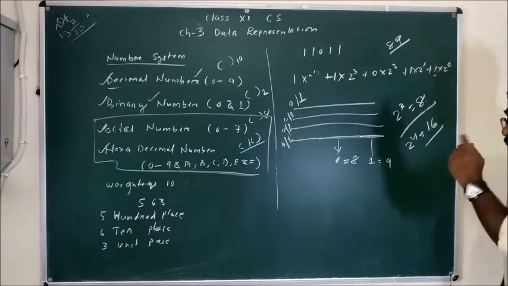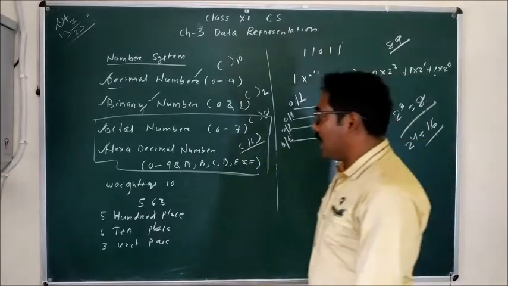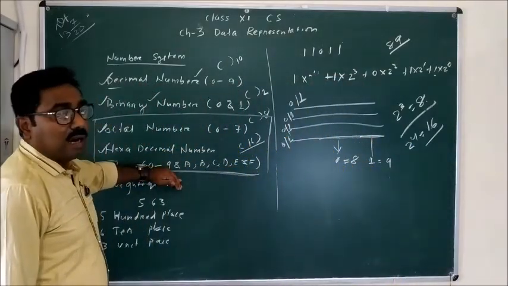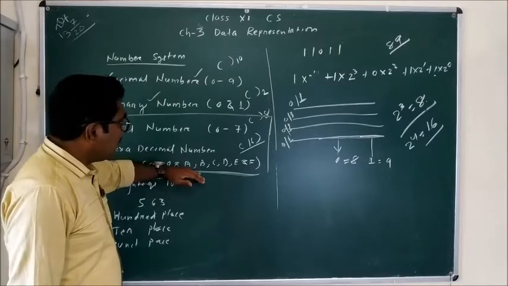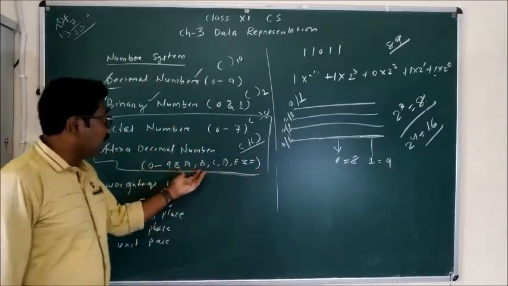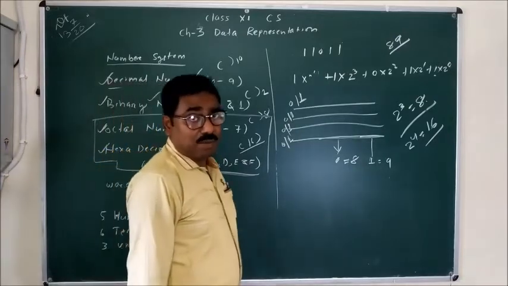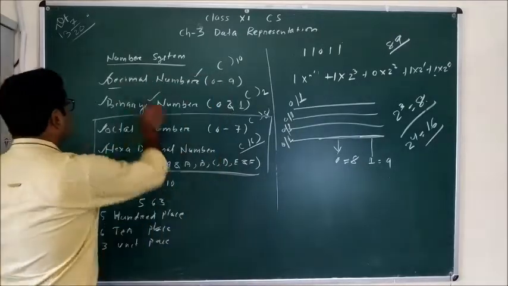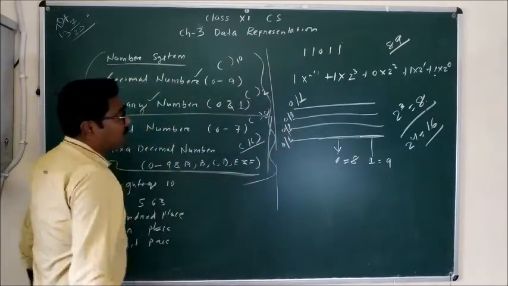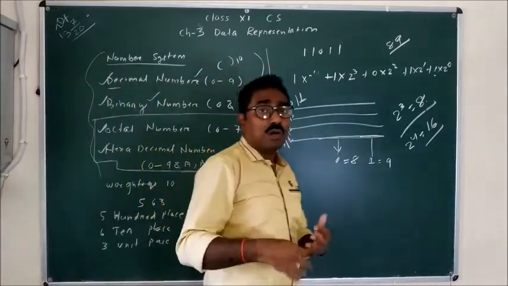Those 16 different symbols are 0 to 9 as digits and A to F as alphabet. This is how the number systems evolved and developed throughout the years.